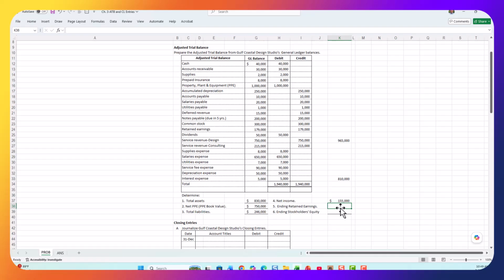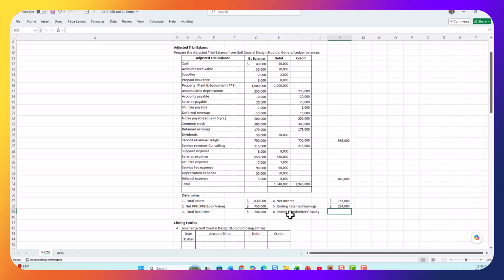When it comes to determining ending retained earnings, we take the beginning balance of retained earnings, which is in the trial balance, for $179,000. We add the net income of $155,000, subtract the $50,000 of dividends, and we get an ending balance for retained earnings of $284,000.